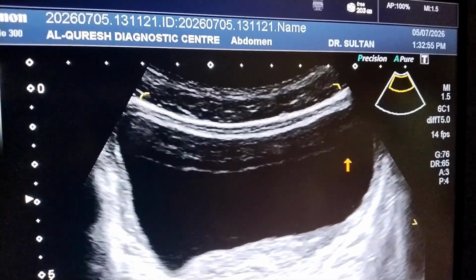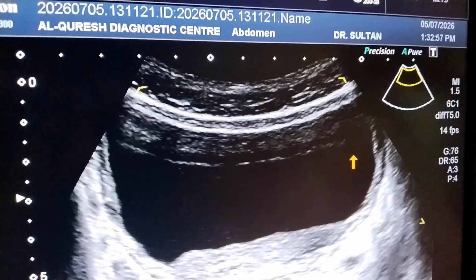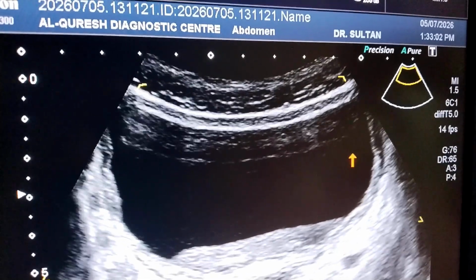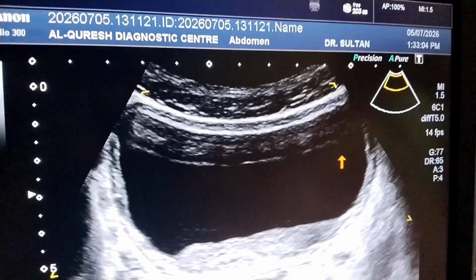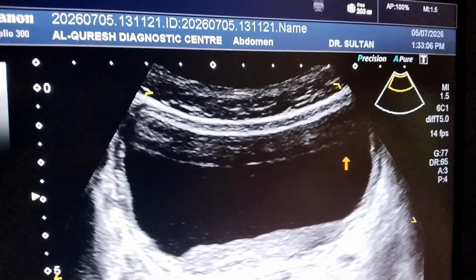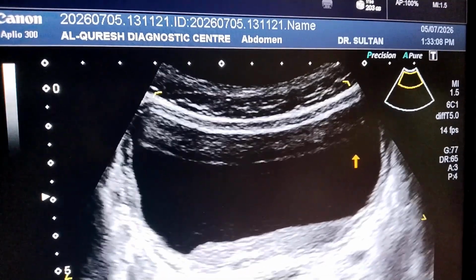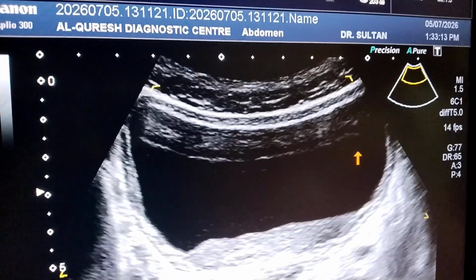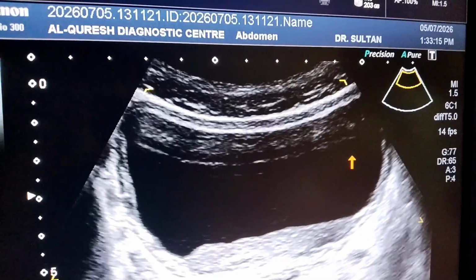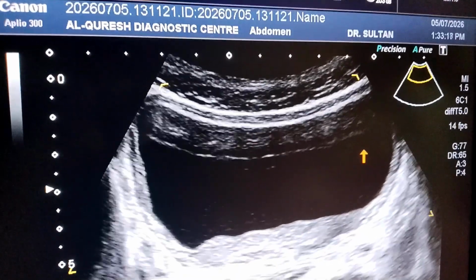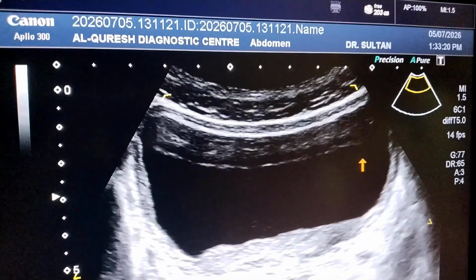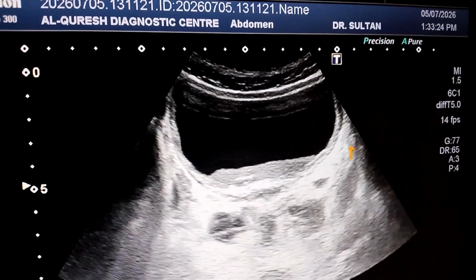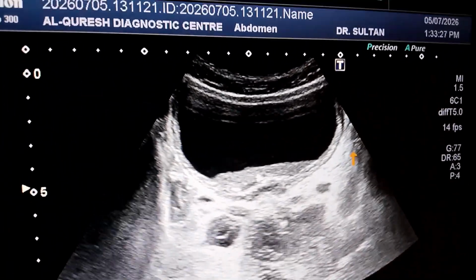So what we have seen in this, the bladder is diffusely thick walled containing internal echoes that are coarse, giving the swirling pattern while moving the patient position and also giving a fluid debris level. All the findings are consistent with acute cystitis. This is all about acute cystitis. Thank you very much.